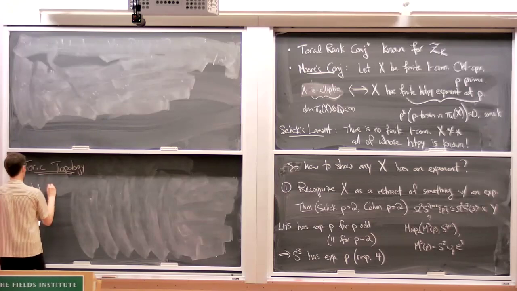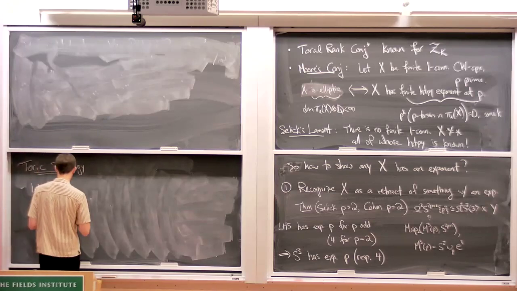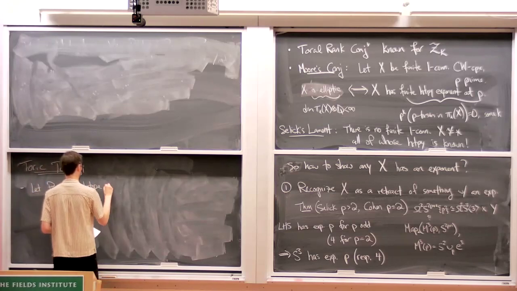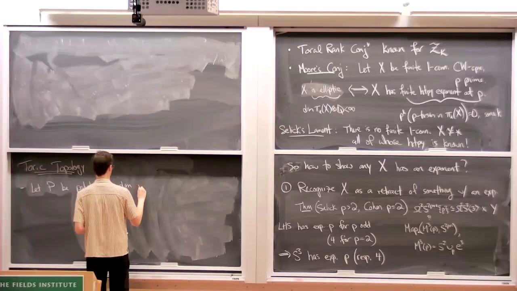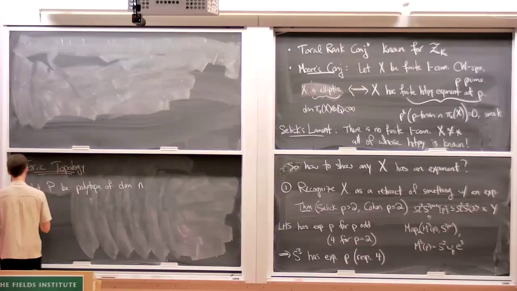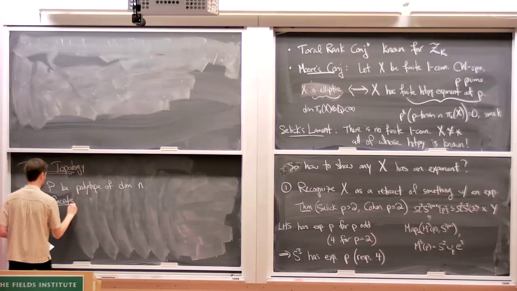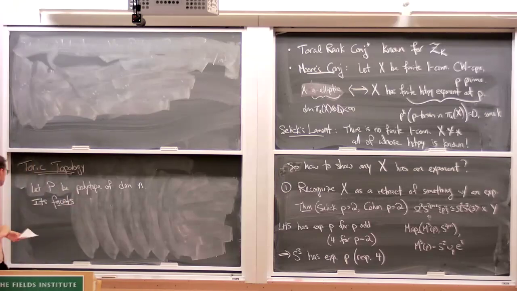So let P be a convex polytope of dimension n. Then its facets are just the codimension 1 faces.